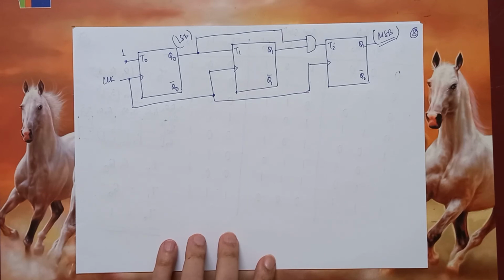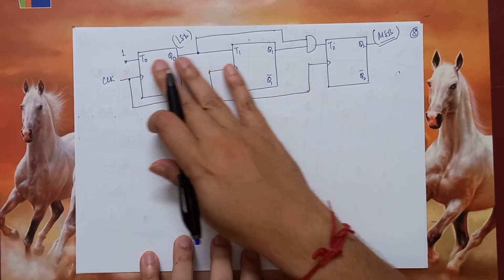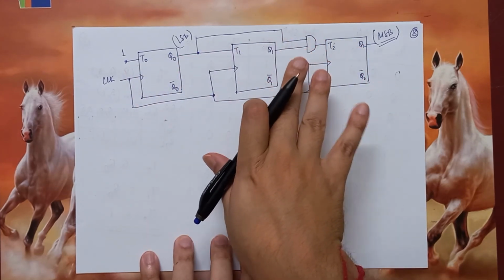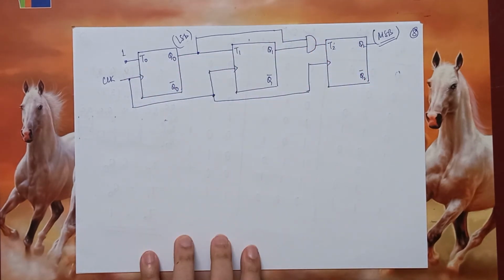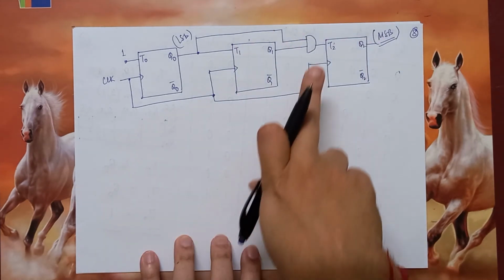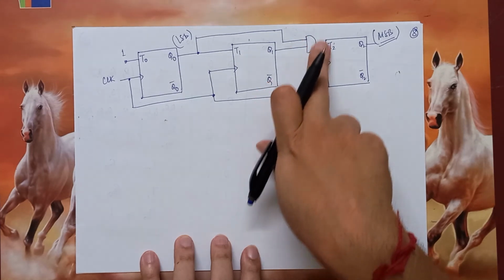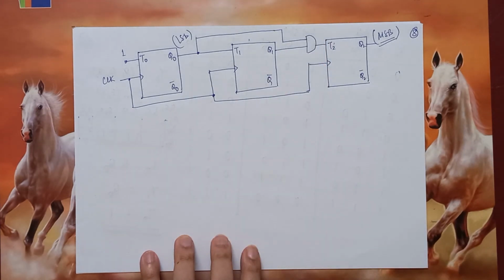Now if you compare it with the asynchronous counter, we will see that for the same operation, that is to count from 0 to 7, we need this additional AND gate.